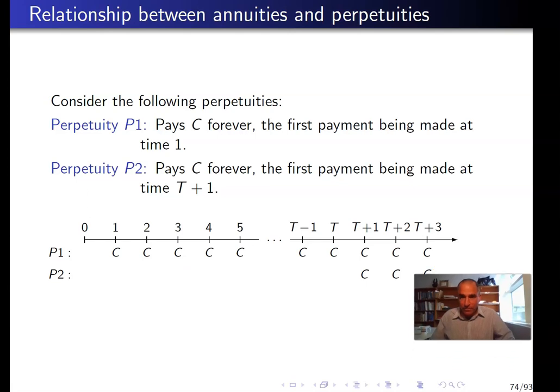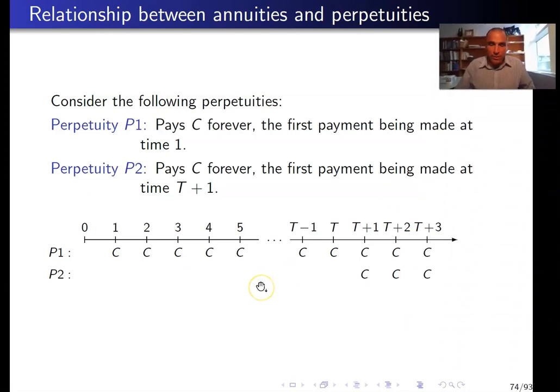So here we have perpetuity 1 that pays C forever starting next year, and perpetuity 2 pays C forever, but the first payment takes place at T plus 1.